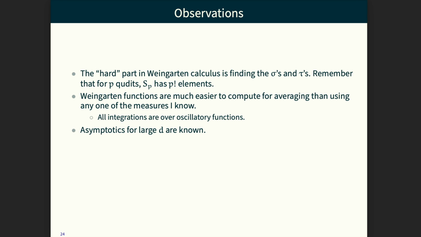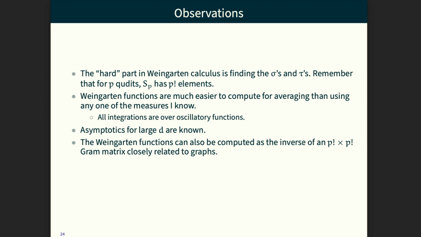Moreover, you get an answer in terms of D, and the asymptotes for really large D, what these functions look like, are known. So it's just a job of finding these things. There are also all kinds of ways of getting approximate answers. You can work it out as the inverse of a matrix, constructed using graphs, and that inverse can easily be iterated.